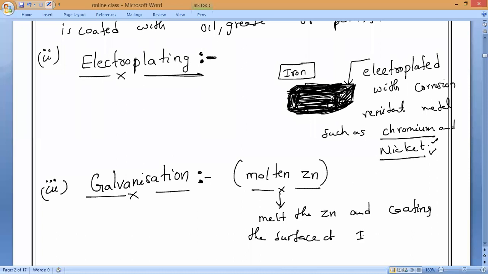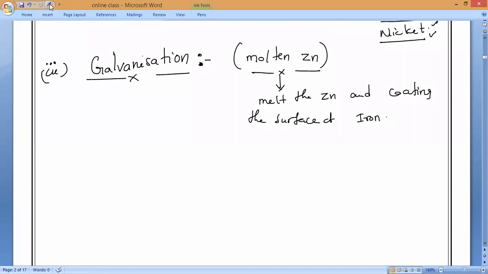If you coat molten zinc on the surface of iron, what happens? Zinc will react with oxygen and form zinc oxide. Zinc oxide is a protective layer so that no further corrosion takes place. Yes or no? Please respond, everybody.